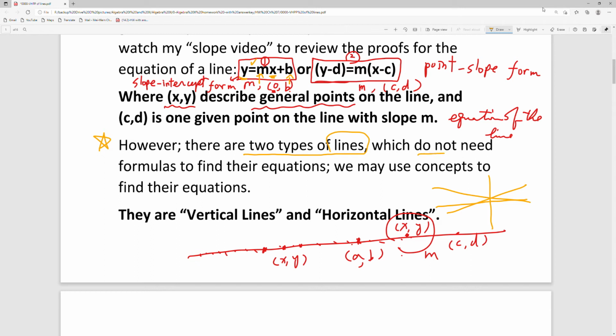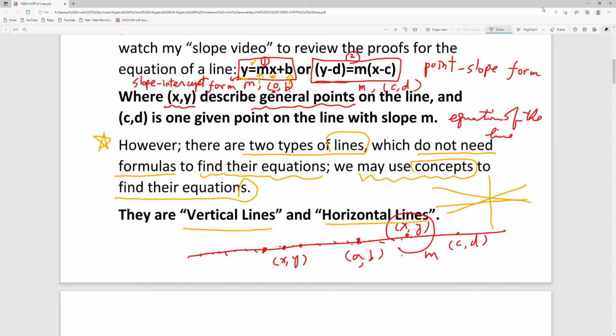Because we do not need a formula to find their equations. We may use concepts to find their equations. That's interesting, right? So what are these 2 lines? They are vertical lines and horizontal lines.